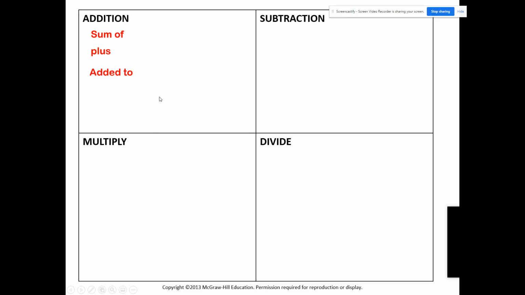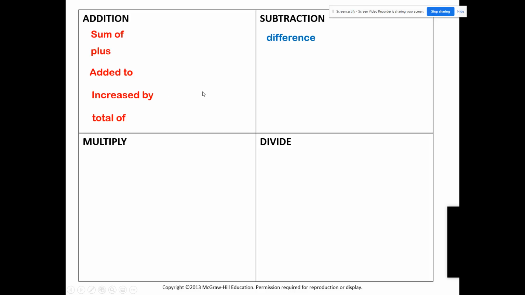Added to, so if a number is added to 3, or if x is added to 10. Increased by, and total of. So if you read the total of x and 3. Right, so these 5 words are key words for when you're writing an addition problem.